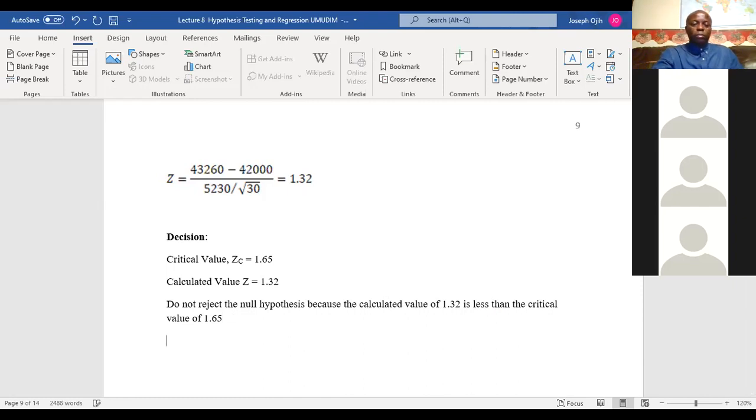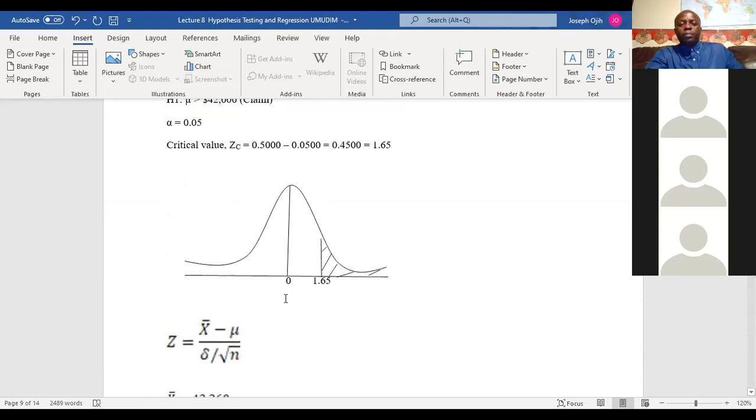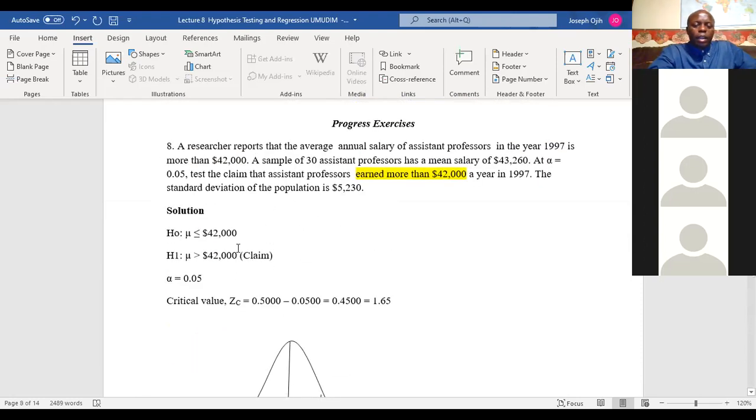So our conclusion here is this. Remember, the claim was that they make more than 42,000. We did not reject the null hypothesis. The null hypothesis said that they make less than that, right? But the alternative, which is where our claim lies, said that they make more than that.